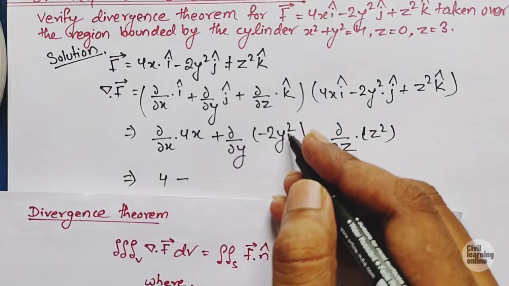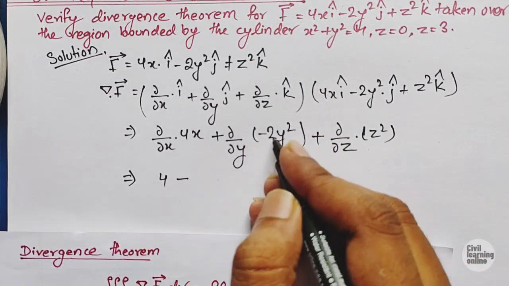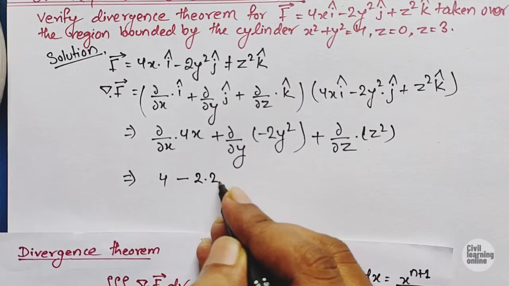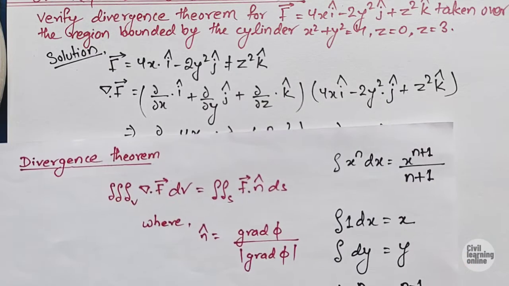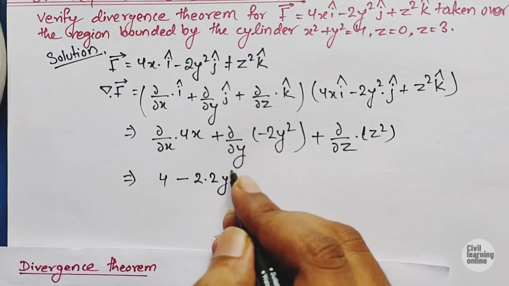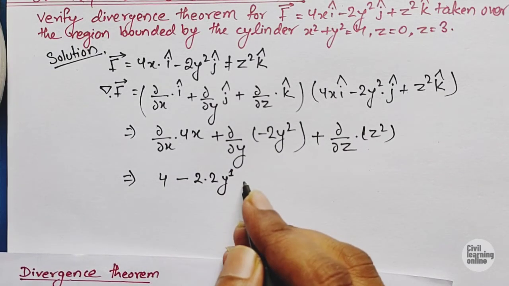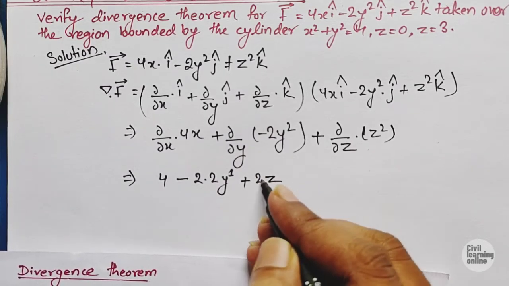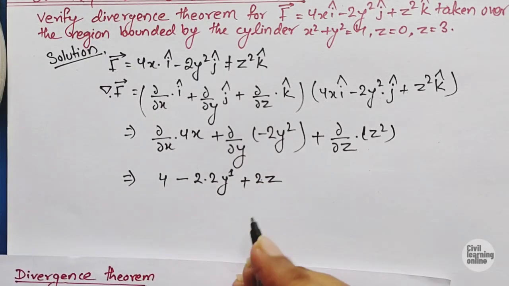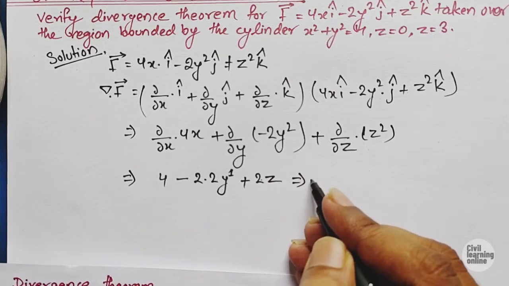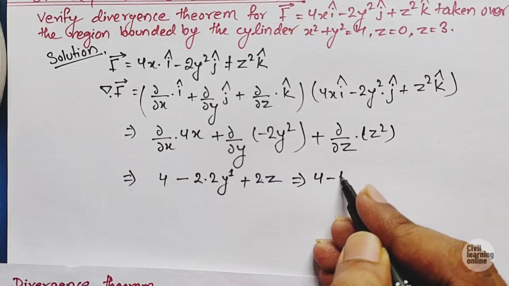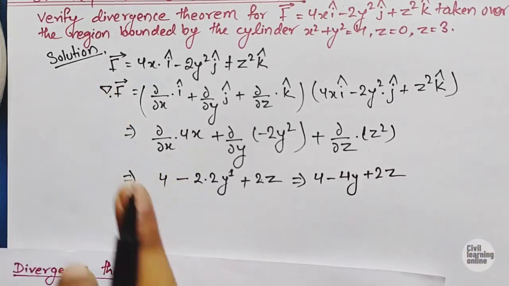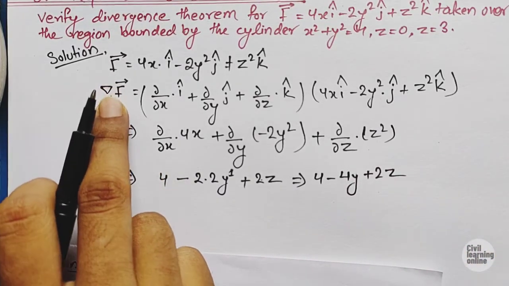Here n is 2, so we rewrite this 2 as it is, and n means 2 times y to the power n minus 1. n minus 1 means 2 minus 1 will be 1, and positive z square means 2 times z to the power 2 minus 1, which is 1. So we will have 4 minus 4y plus 2z. This is the divergence of vector f.